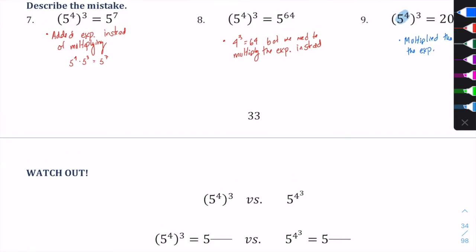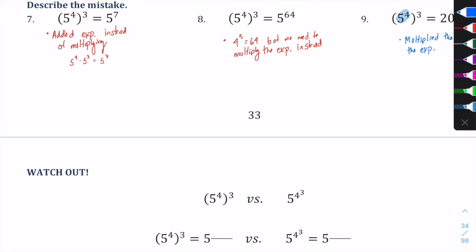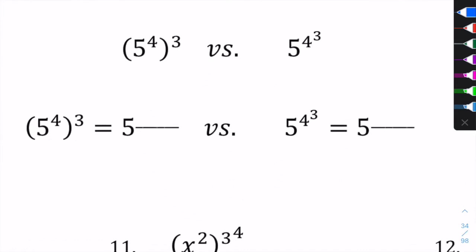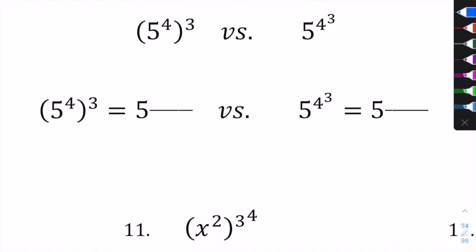All right, following up on number 8, let's look at an example of the difference between 5 to the 4th in parentheses to the 3rd versus just 5 to the 4th to the 3rd. Kind of this staircase of exponents here. Well, if it's 5 to the 4th to the 3rd, that means it's 5 to the 4th times 5 to the 4th times 5 to the 4th, 3 times.